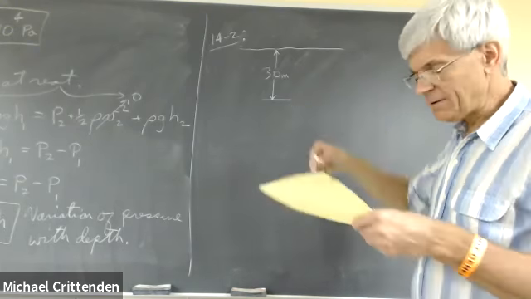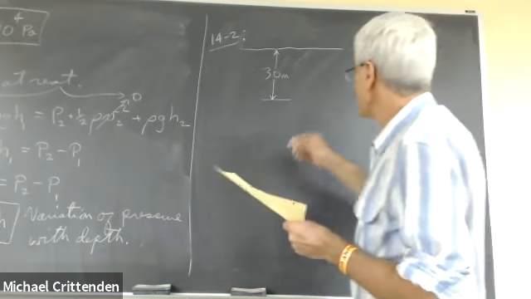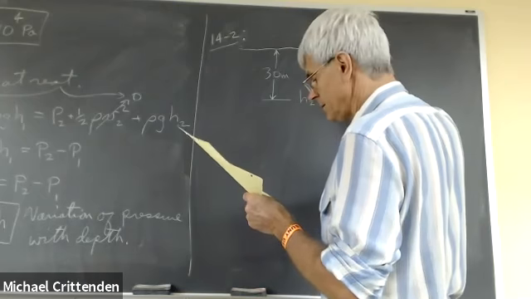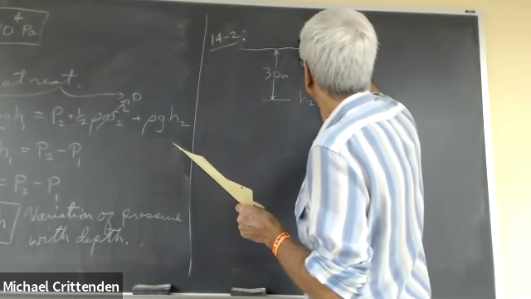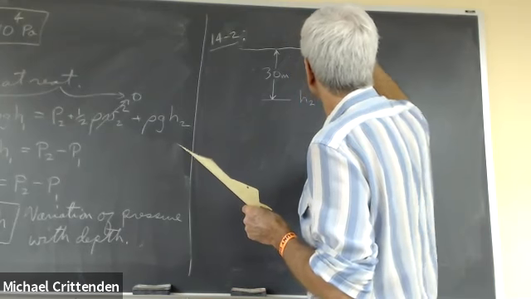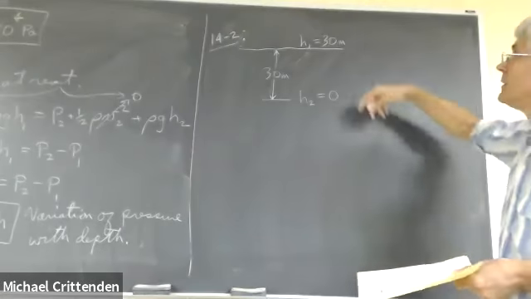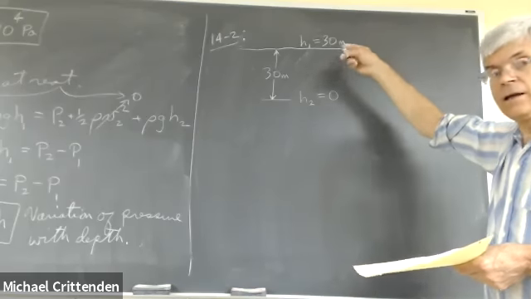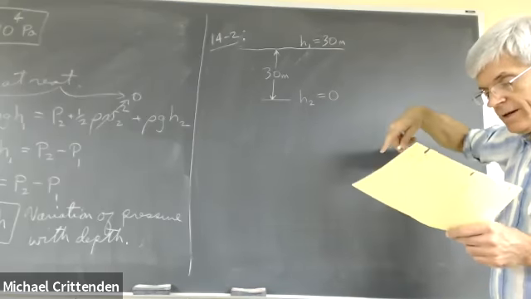I mean, I can deal with them if I have to, but I'm going to say that height down here is 0, and, okay, so it's not 0 and 30, it's the other way around, 0 and 30, because H is for height, not depth.